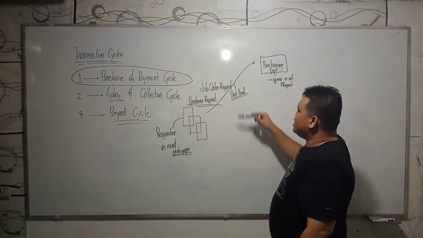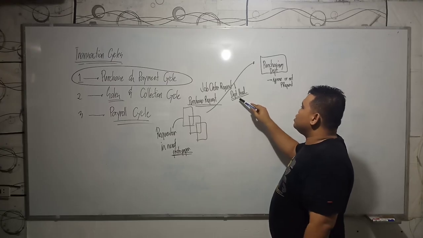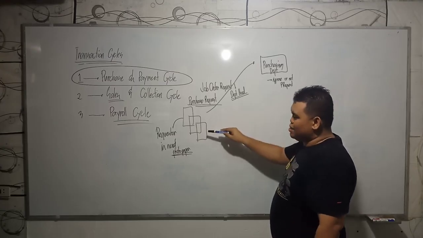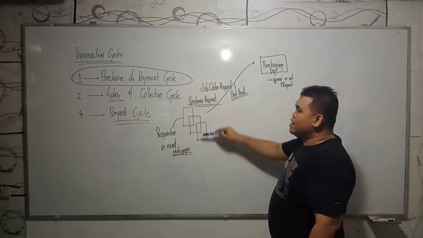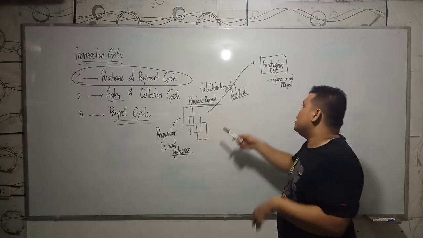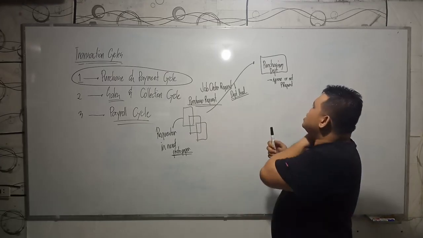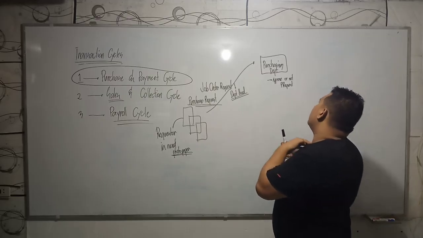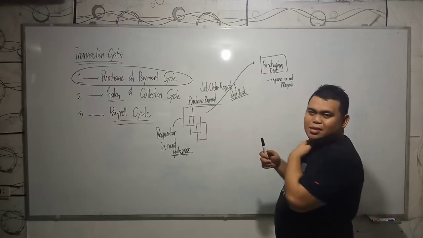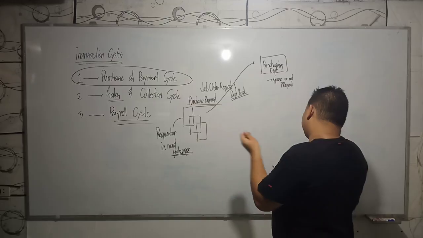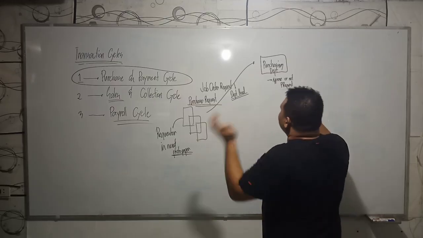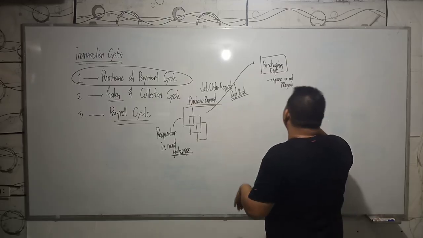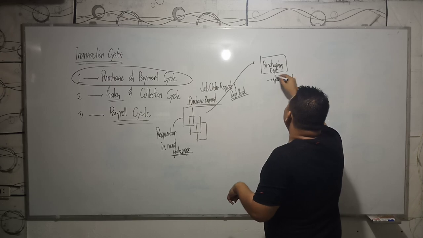So, basically, the department head approves the necessity of the items requested by the requestor. So, after approval, it will go to the purchasing department, and sometimes, again, the purchasing department can approve or not. Okay? So, basically, if ever it is really needed, it will be approved.